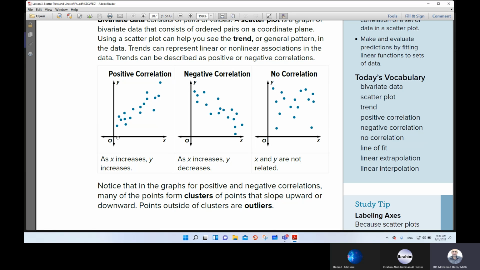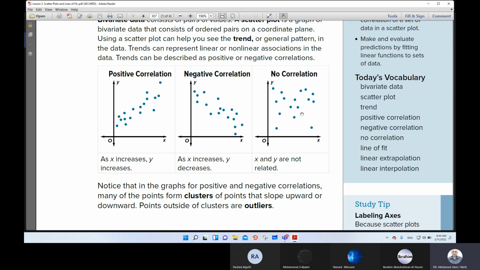When you have an increase in the x and an increase in the y, the points will be like this. So the relation here is increasing, so the correlation will be positive. When you have an increase in the x but a decrease in the y, the points will be like this. So here we have negative correlation.